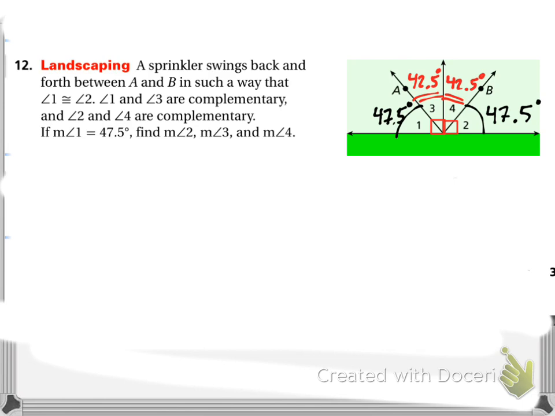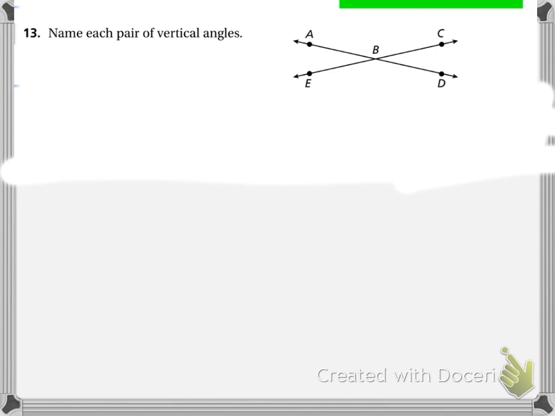Alright, so we're going to be actually learning this on Thursday: vertical angles. For example, these two angles I marked with red are vertical angles. And in blue, these I'll mark with a double blue. These two angles are also vertical angles. So we're just gonna list those.